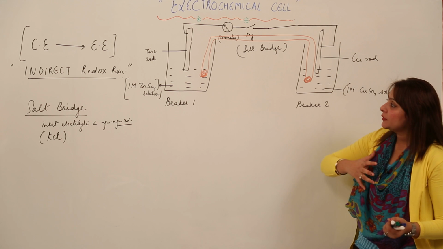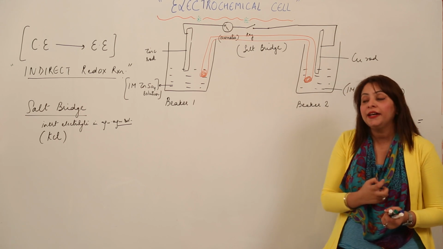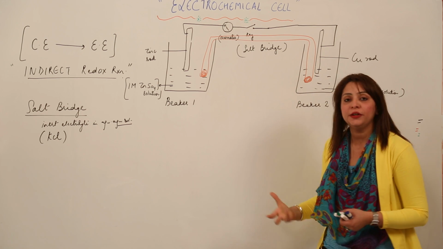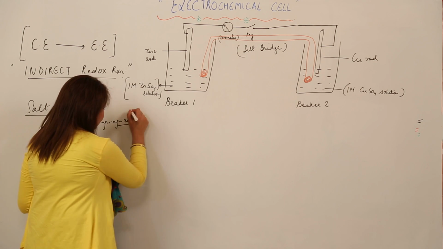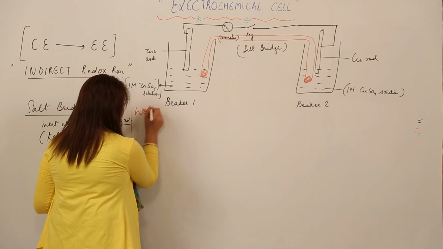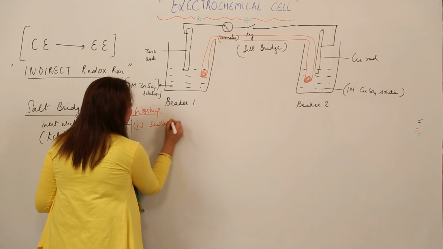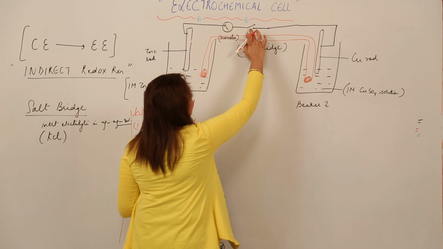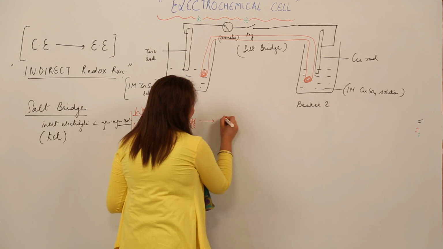Now we'll start with the working: how it is working, how the oxidation is occurring, these two beakers, and what kind of changes we observe in them. Initially, when the switch, or key, is off, there is no connection between the wires, then what we get to see is nothing.